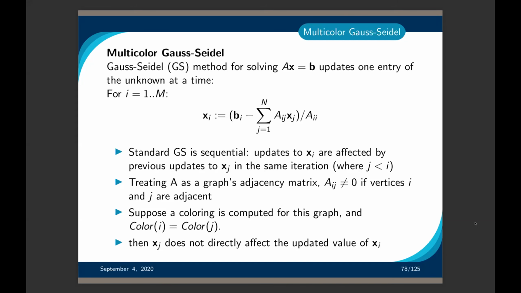And this is true if and only if the vertices i and j are independent, which means they're more than one edge away from each other. And so we can compute a graph coloring of A and then update x_i in parallel for any i of the same color. And that's what multicolor Gauss-Seidel does: it's a way to parallelize Gauss-Seidel.